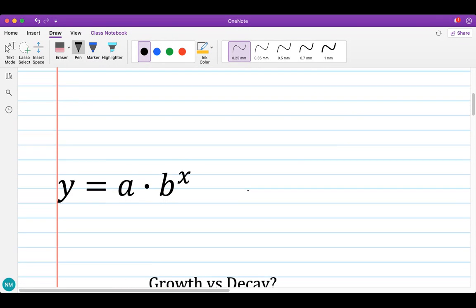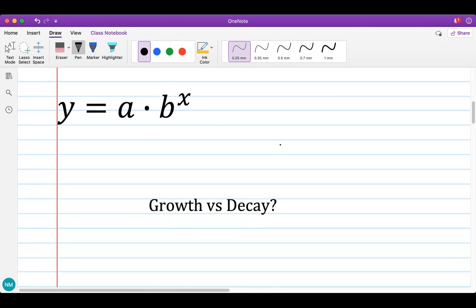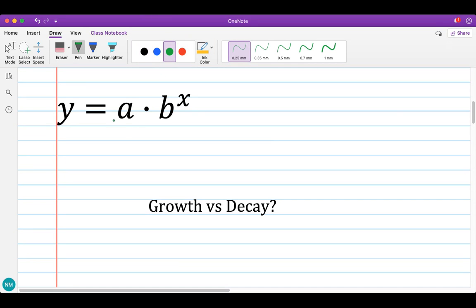Okay, so this is your basic exponential function, right? Where, again, this is my coefficient. It is also my y-intercept, or my starting value.